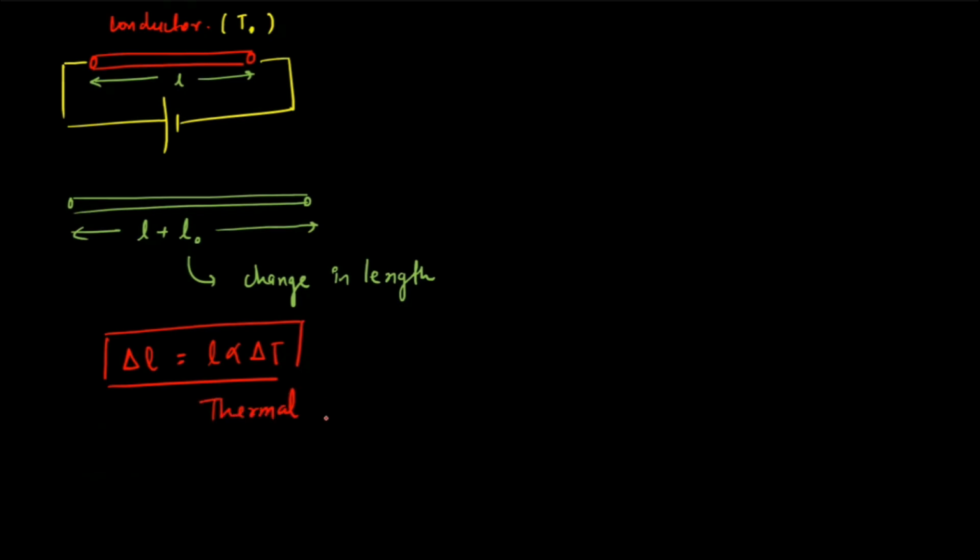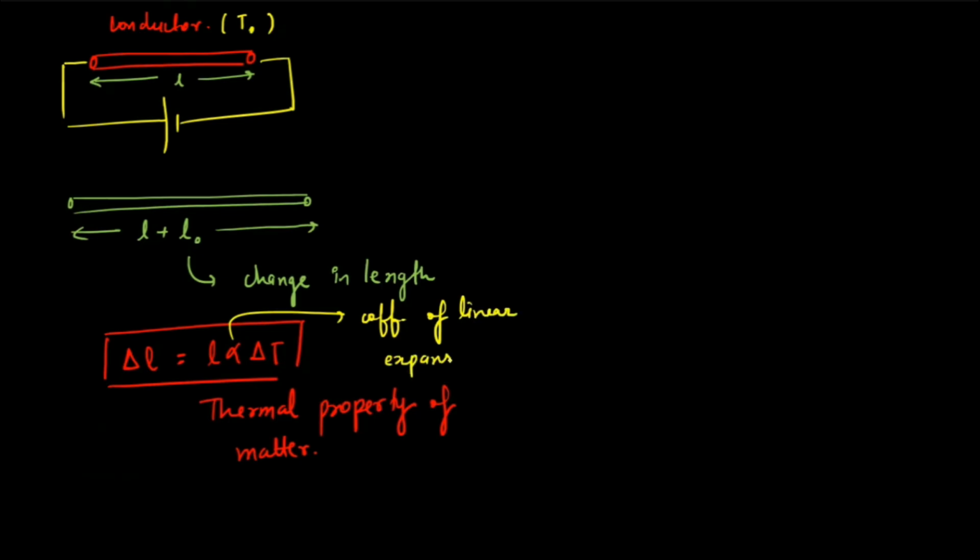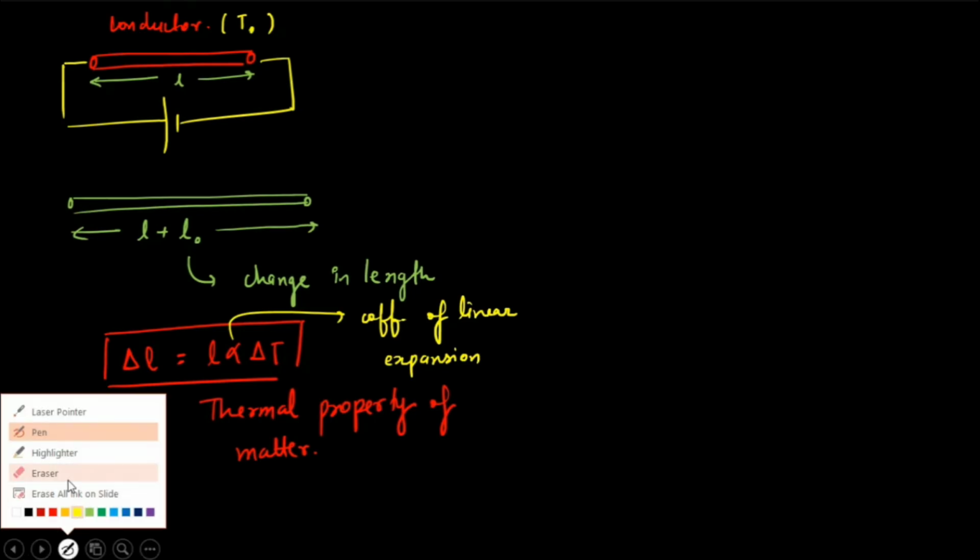So we are going to apply it directly here. What does this relation say exactly? It says that whatever change in length is produced due to change in temperature is equal to the initial length times alpha. Now what is this alpha? Alpha is known as the coefficient of linear expansion. Why linear expansion? Because here we are going to assume that the change in length is going to be observed. We are not going to observe much change in area.